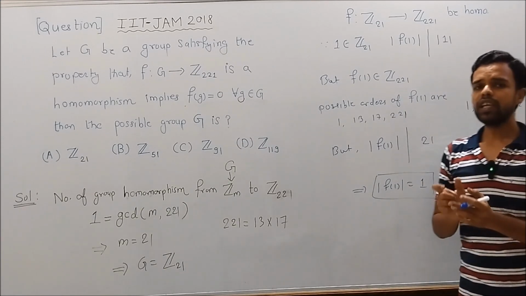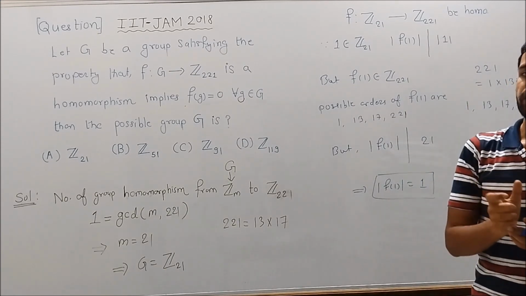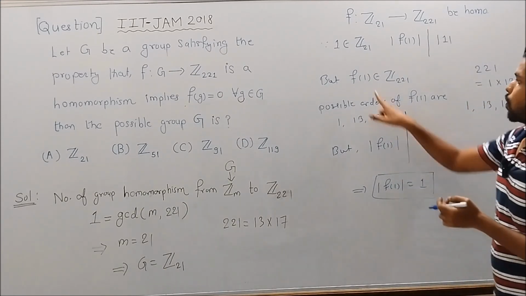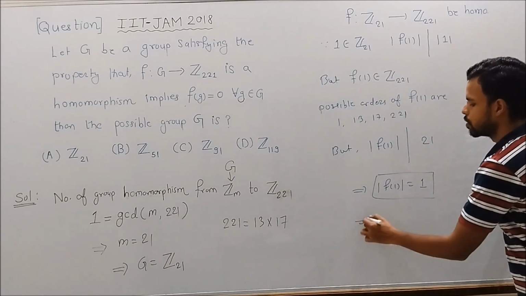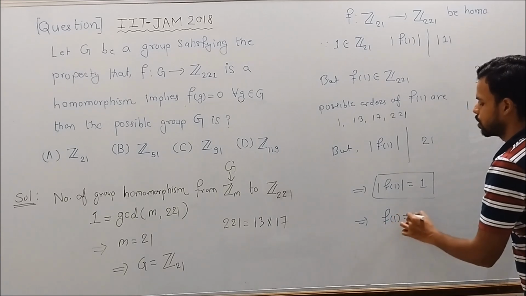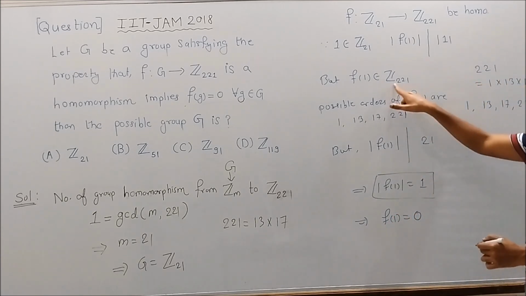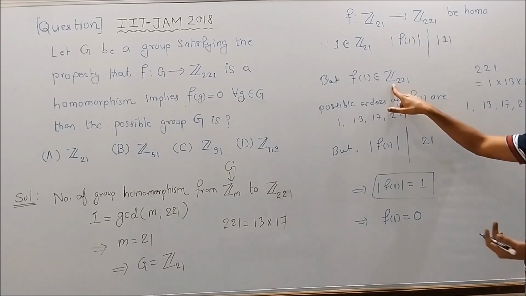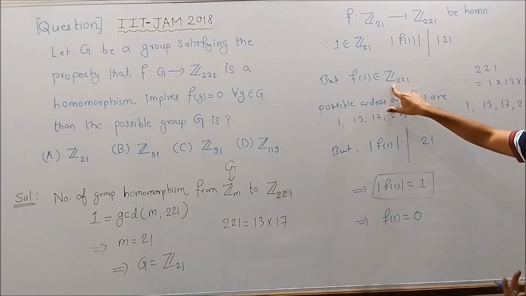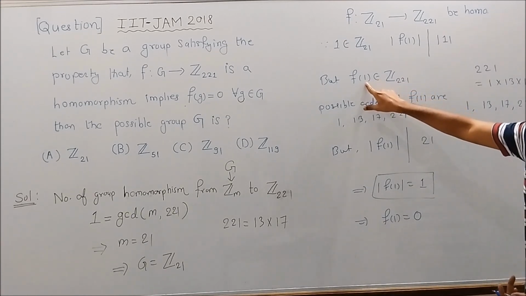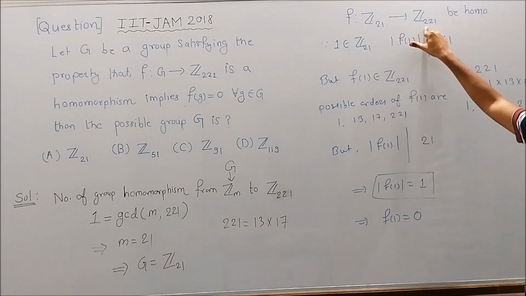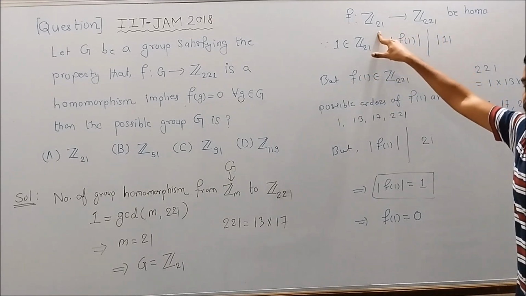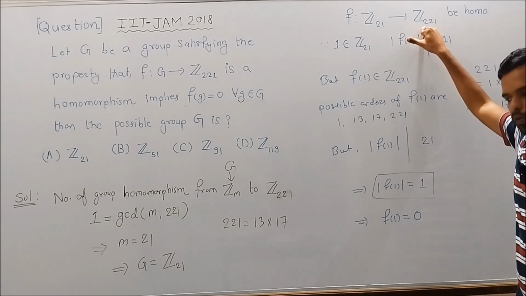But we know that the only element of order 1 in a group is the identity. And as f of 1 belongs to Z221, f of 1 is 0, because 0 in Z221 is the identity and it has order 1. So 1 in Z21 maps to the 0 element of Z221.